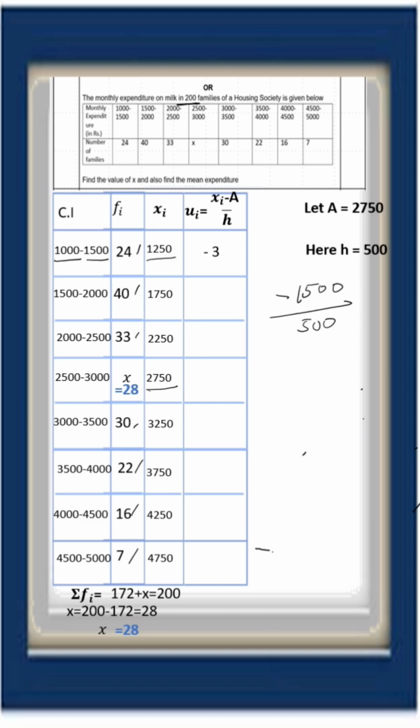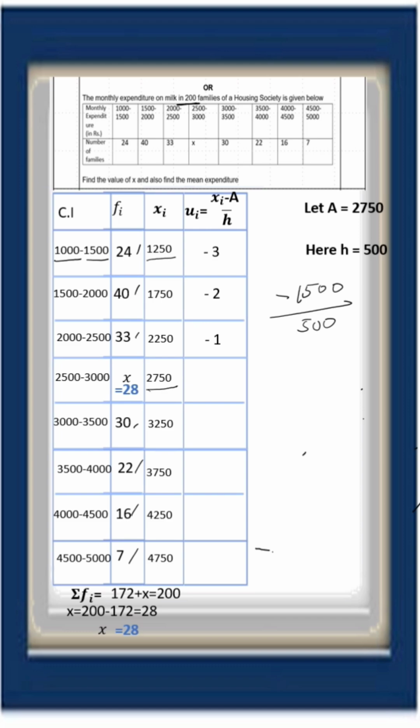1750 minus 2750, that is equal to negative of 1000. 1000 by 500, that is negative of 2. 2250 minus 2750, that is equal to negative of 500.